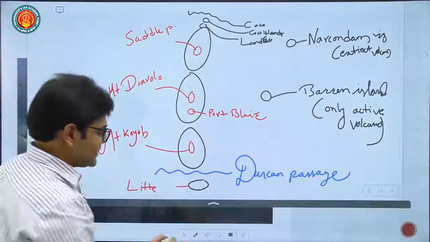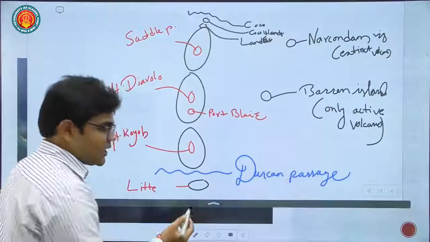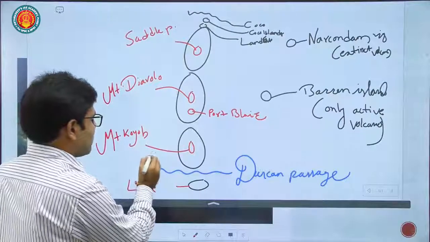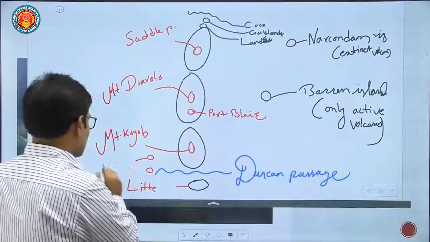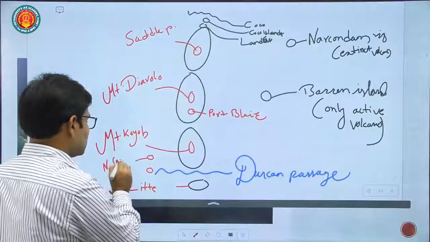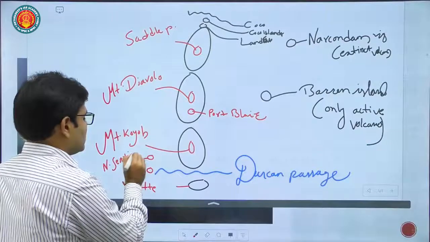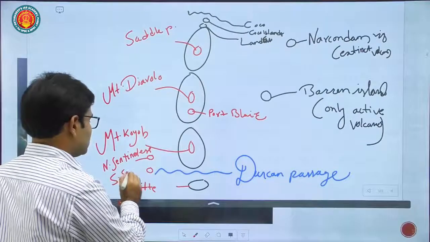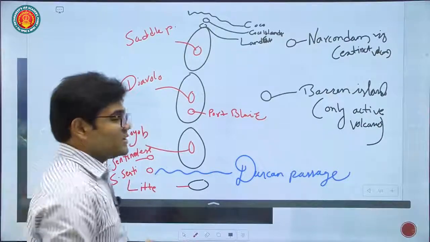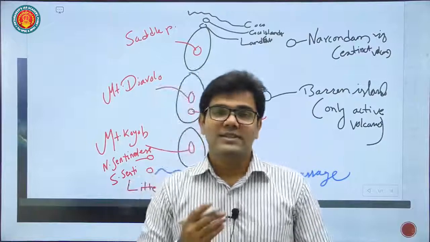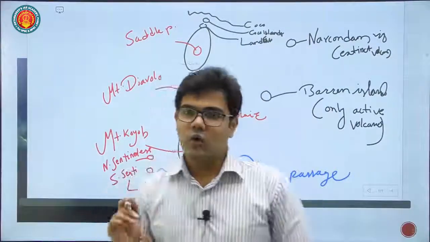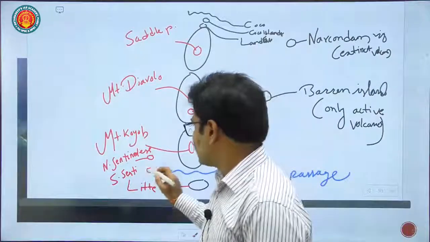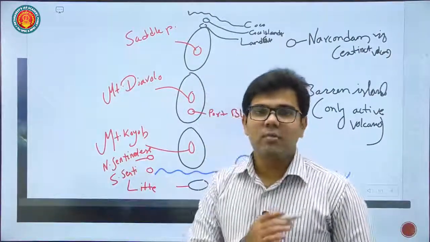Then to the west of South Andaman, we have small islands over here, North Sentinelese Island and South Sentinelese Island. These are the islands where the Sentinelese tribes are located. The Sentinelese tribe, you must be knowing, are a tribe which is still isolated for millions of years.